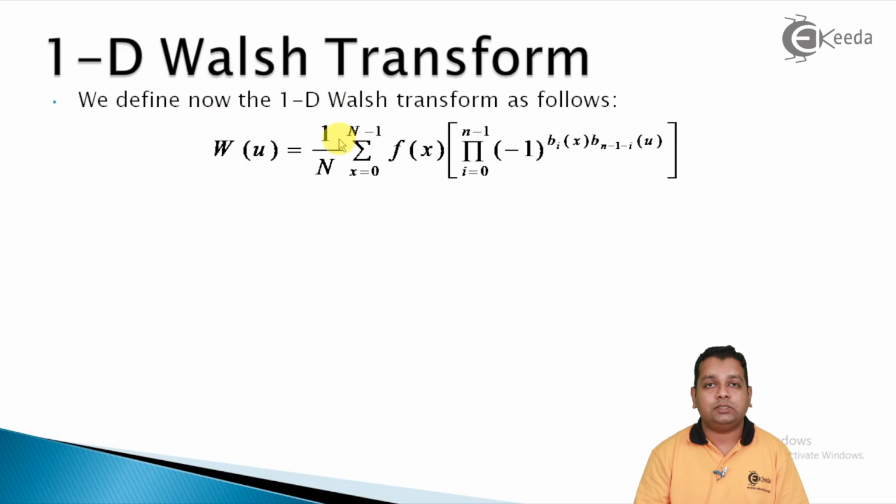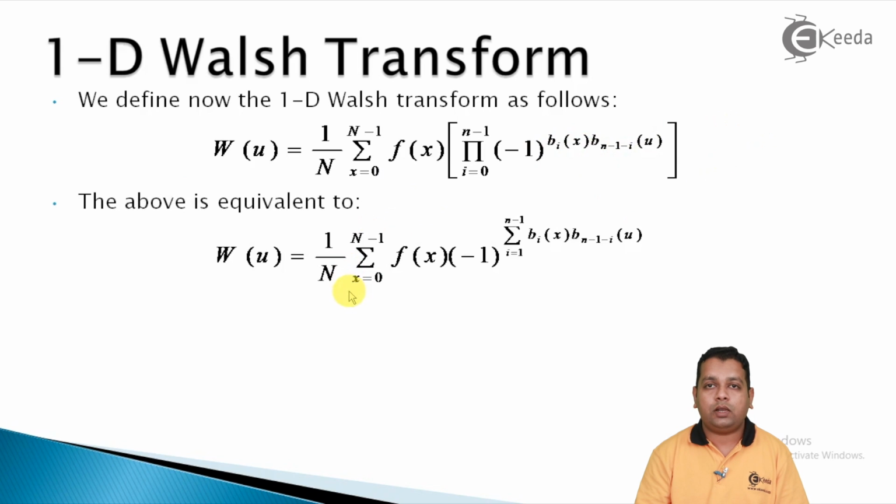It is given by 1 upon capital N, summation x equal to 0 to n minus 1, of f of x multiplied by the product over i equal to 0 to n minus 1 of minus 1 to the power b i of x times b n minus 1 minus i of u. This is the direct transformation formula to work with the Walsh transform.